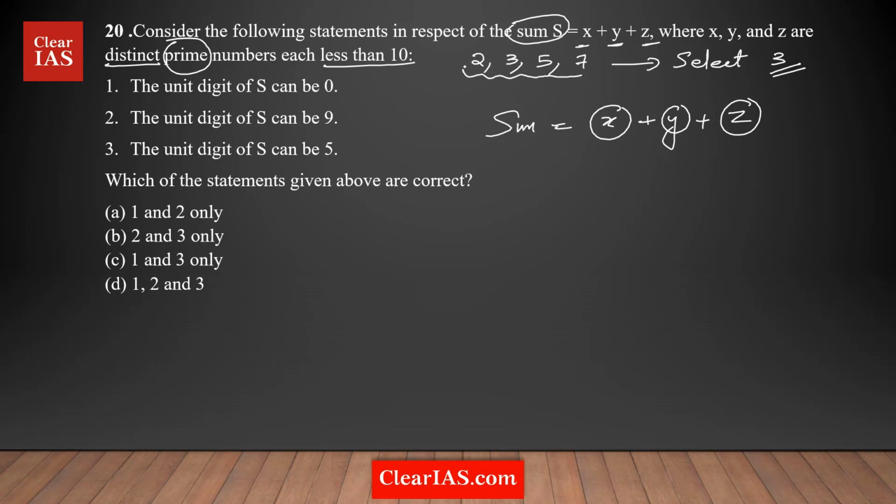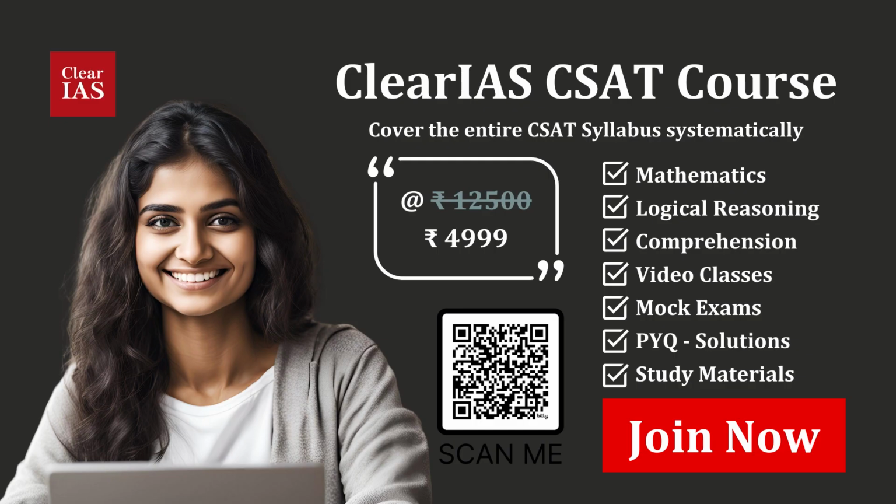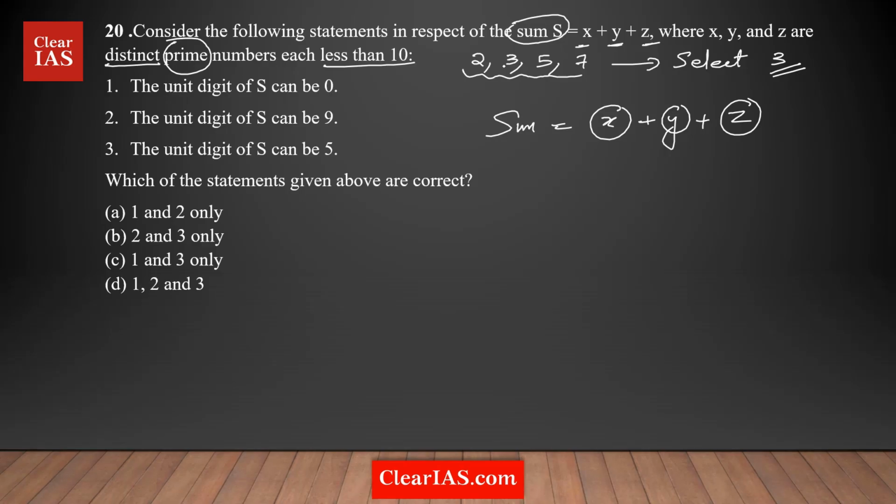There are 4 prime numbers in our list, and out of these 4, I need to select 3 of them. So how many different combinations could you write down satisfying these conditions?